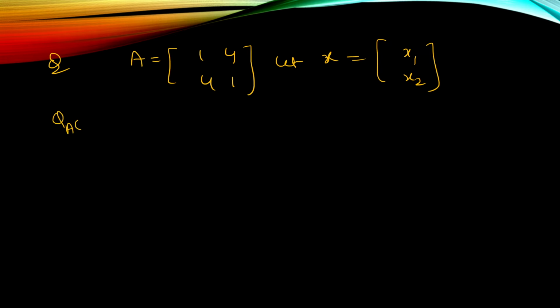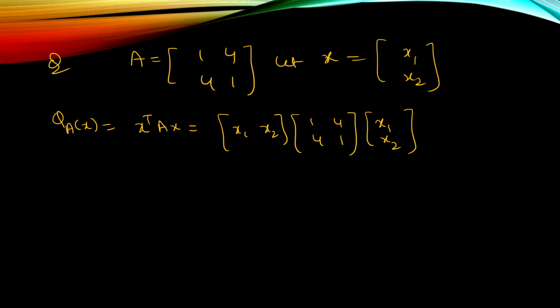Again, QAX will be x transpose Ax, that is x1, x2, A, and then x1, x2. If you multiply, this is 1 by 2, this is 2 by 2, this is 2 by 1. So 1 by 2, right?